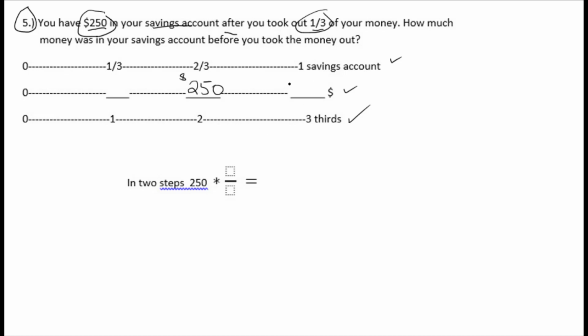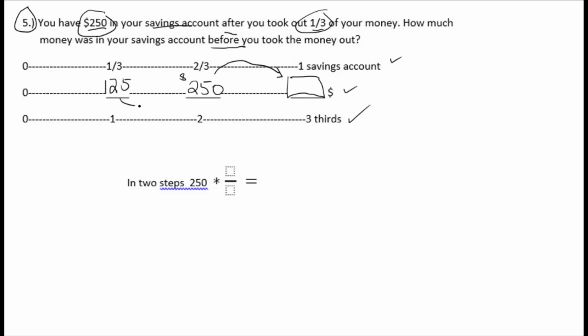Now I'm going to have more. I had more than that before I took out the money. So I want to find out how much was in it before I took out the money. So I really can't get at this directly, but if I know that 2/3 is 250, half of that would be 1/3, which would be 125.